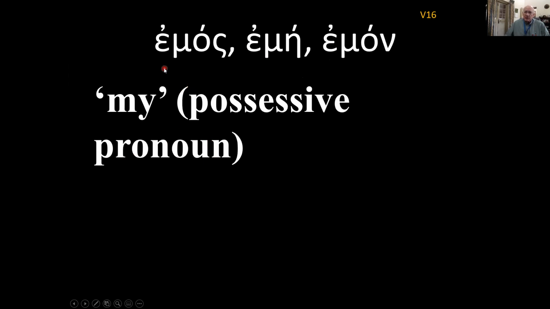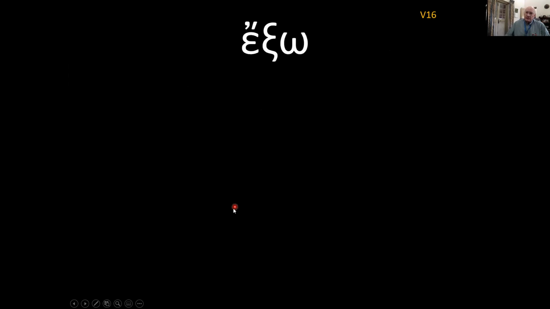These appear and mean basically just my, but they are stronger, stressing the point more than the simple form mou, for example. Emos, eme, emon is saying mine, mine. Usually there's more emphasis there.